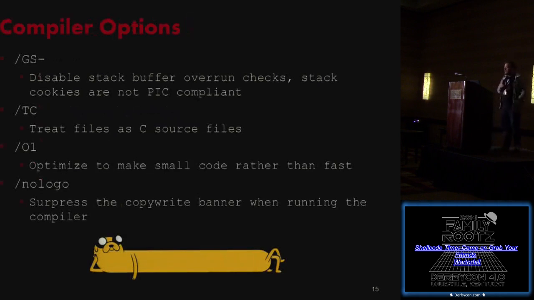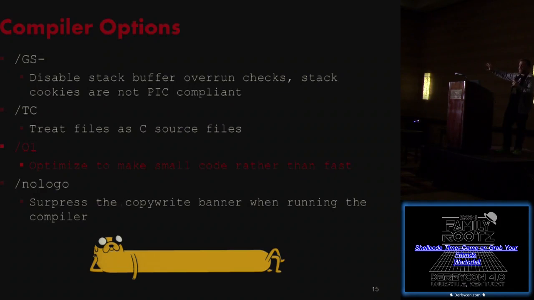And then finally, there's a bunch of different compiler options. I'm not going to go through every single one of these. However, there's one that I want to point out because I actually had some trouble with it. This O1 option tells the compiler to make shellcode smaller. And by the way, I'm talking about Visual Studio as your compiler, not GCC or whatever other ones.